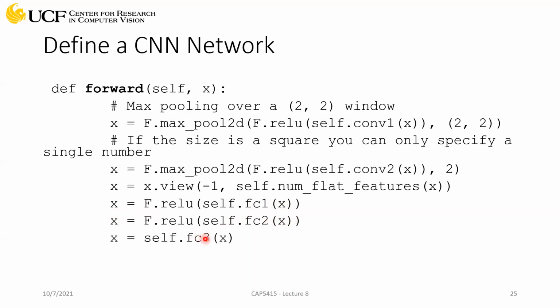And then that's passed to the third fully connected layer. And this will give you the predictions, because the output of this FC3 was 10 neurons, right? Because we had 10 classes. So this is your full feed forward operation, and your data will flow from the parameter over here to each of these layers sequentially. All right. And then finally you return this. So this is your input and this is your output. So this is your full network.